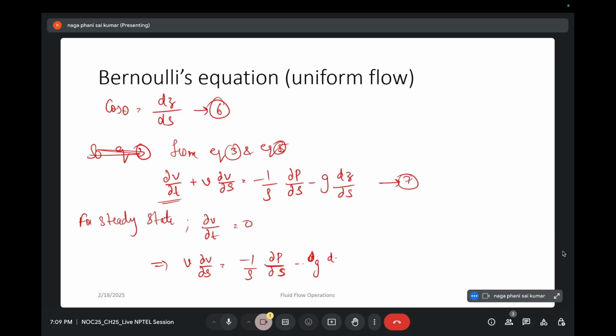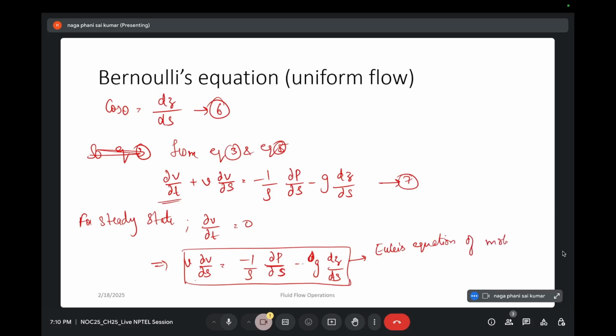This is called Euler's equation, Euler's equation of motion for one-dimensional non-viscous fluid.